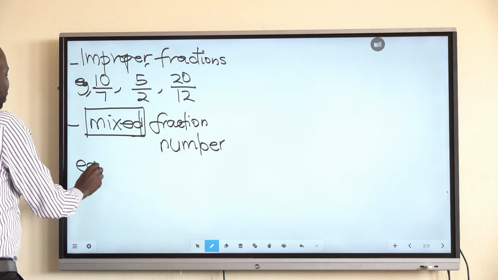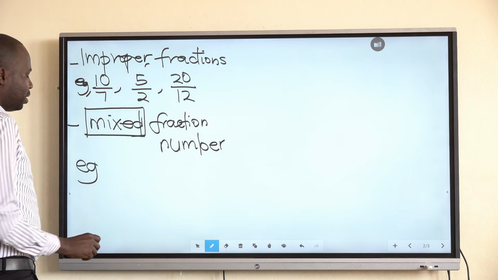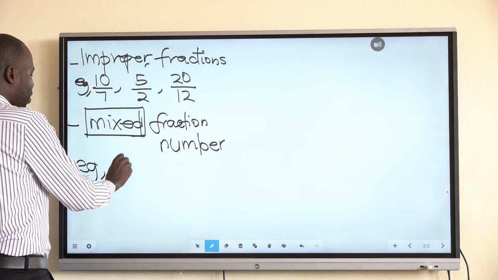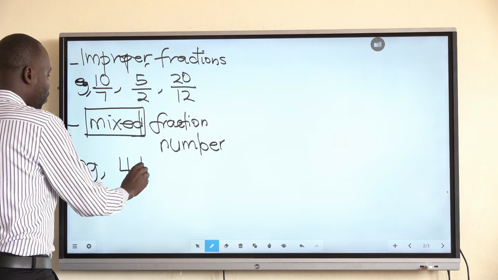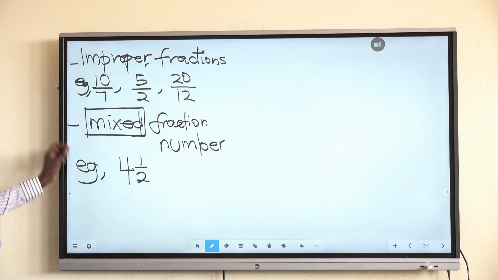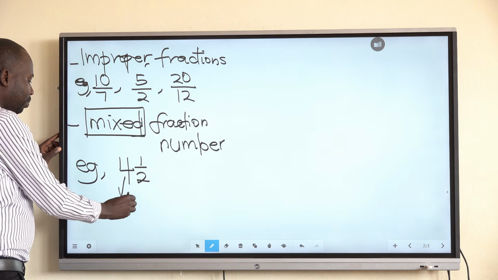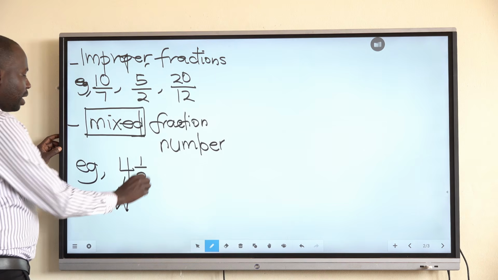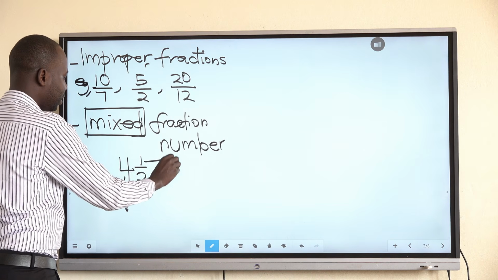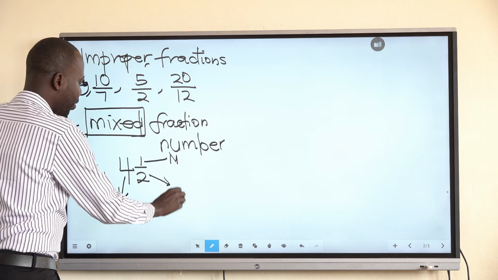For example, what are the examples of mixed numbers? You can have 4 whole number, 1 out of 2, where this 4 is a whole number. And this side we have a proper fraction which has the numerator and the denominator.